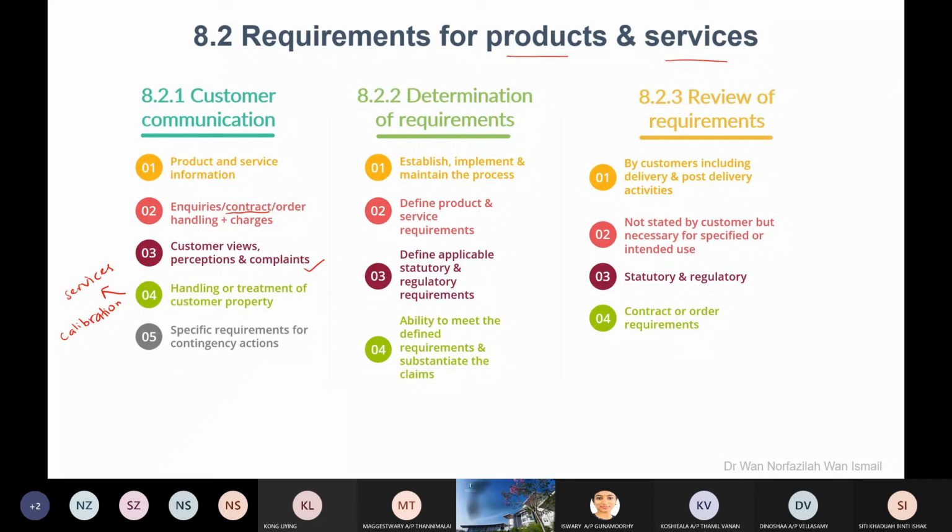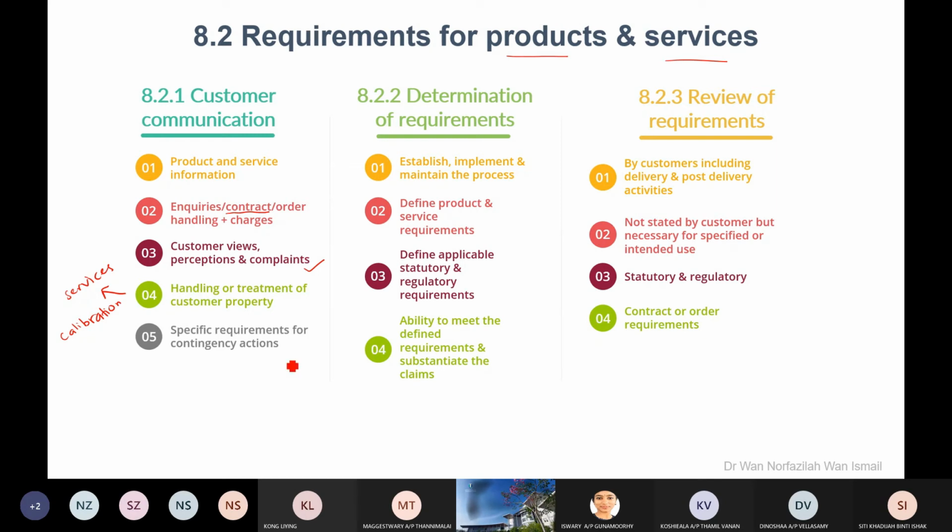So customer will send their equipment to your lab for you to conduct the calibration. This handling of customer property is one of the customer communications with you. You also need to communicate with the customer how you are going to handle their equipment or any property other than equipment. Equipment is an easy example for you to see, especially if we work in a lab.